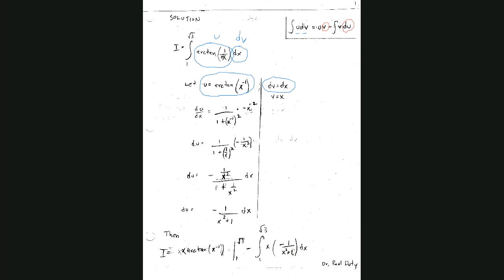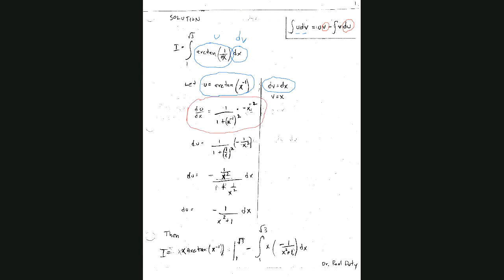Now, when u equals the arctangent of x to the negative first, we have to get the derivative of u with respect to x. For this, we're applying the chain rule.